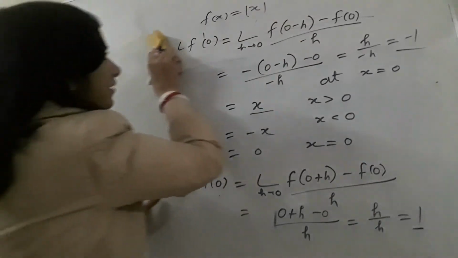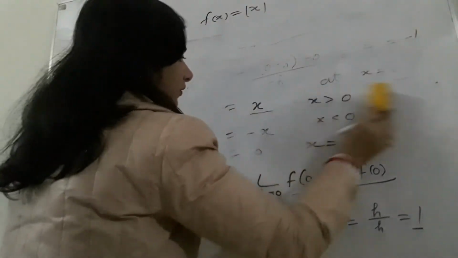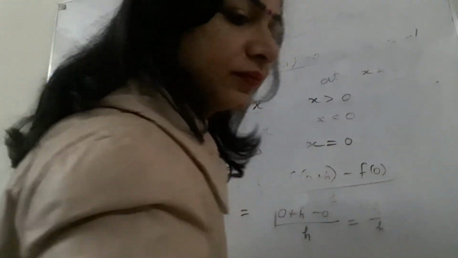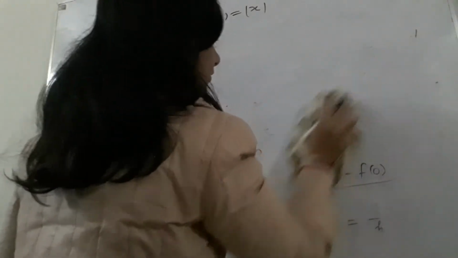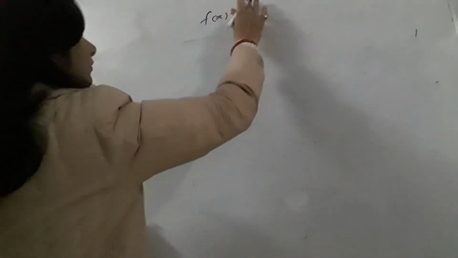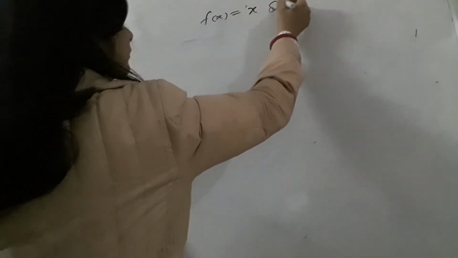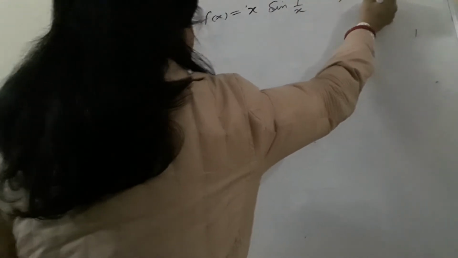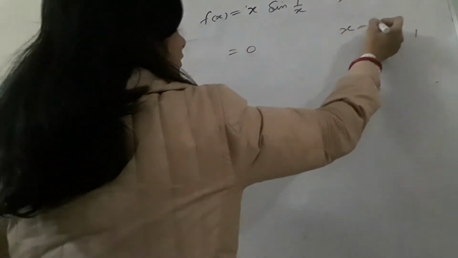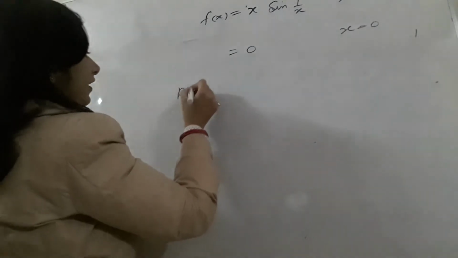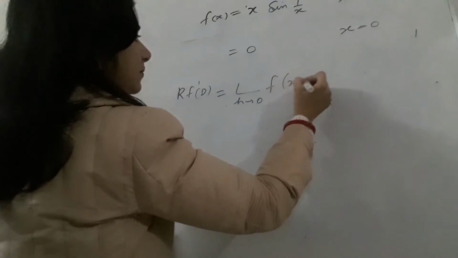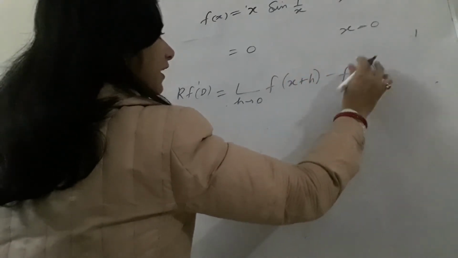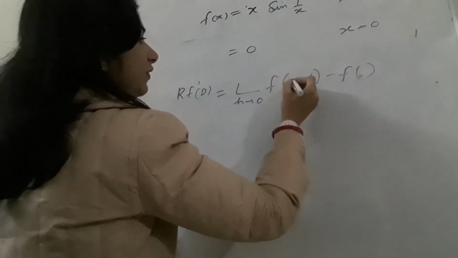Now take another example. f(x) is equal to x sine 1 upon x when x is not equal to 0, and 0 when x is equal to 0. So its right hand derivative is equal to limit h tends to 0 of f of 0 plus h minus f of 0 upon h, as we have to check at 0.